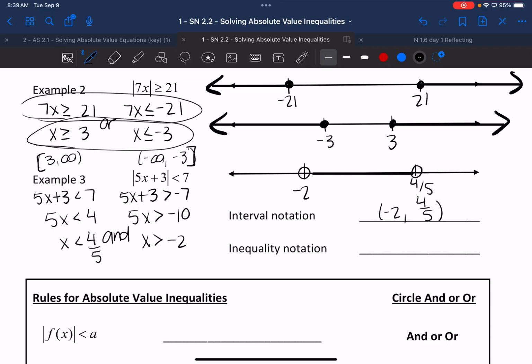Now your inequality notation, remember this is the same as set notation, just after the fancy bracket X with the line, right? Just the inequality part. Okay. So kind of the same scenario, right? We're saying it started at negative 2 and it goes to 4/5 and x is everything in between.